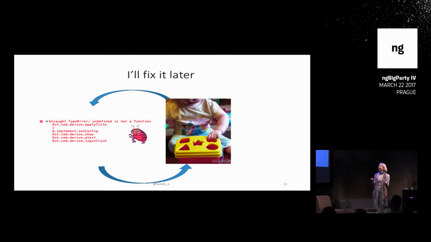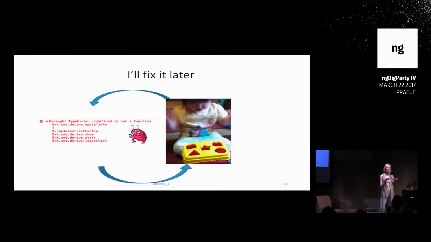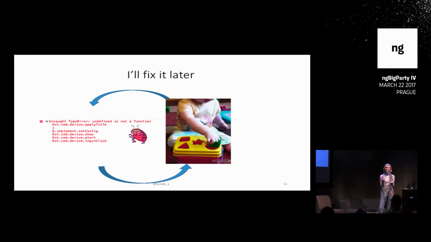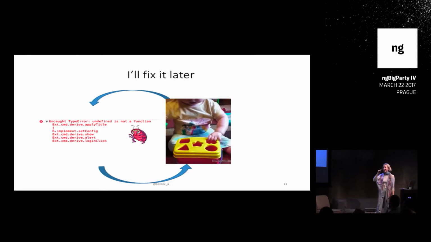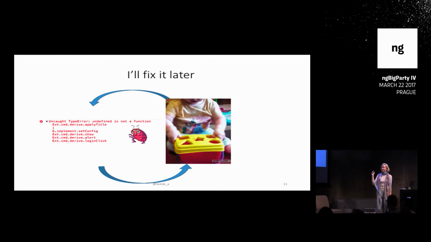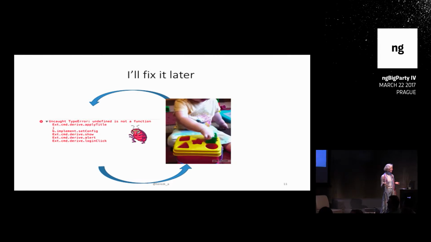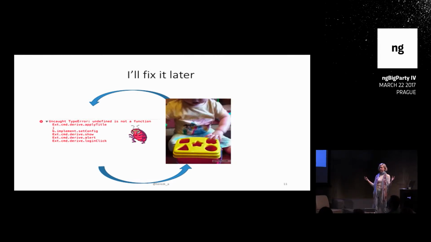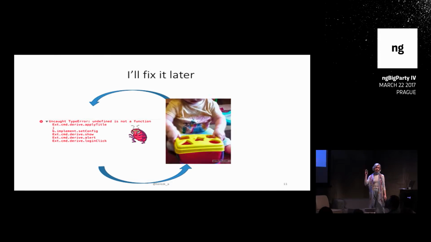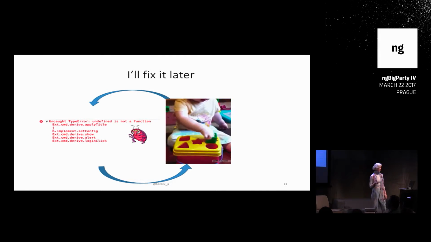You have a problem and you know there's a right way to do this and a wrong way to do this, and you're like, whatever, I'm going to fix it later. And this just leads to more bugs, and it would be fine if this happened just once and then you actually fixed it later, but it rarely happens like this.